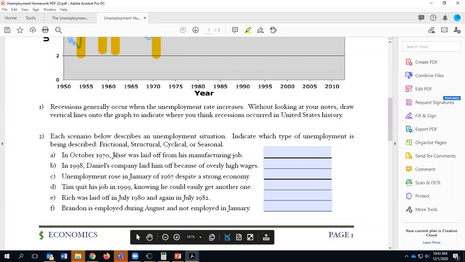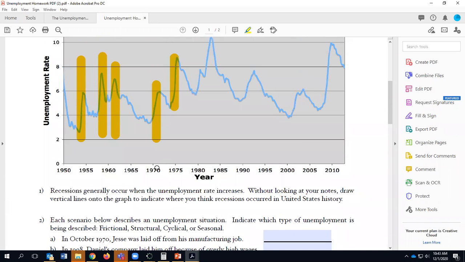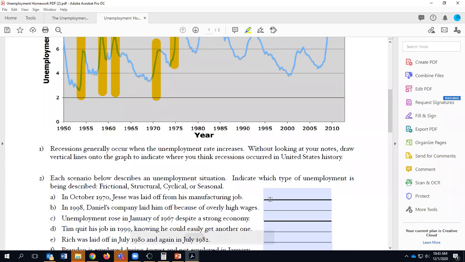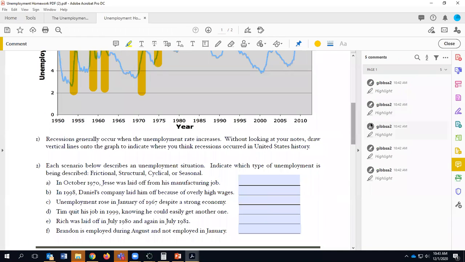So in October 1970, Jesse was laid off from his manufacturing job. So 1970 ends up that it was going up. So what type of unemployment would that be? It's going to be cyclical because the unemployment rate was increasing. 1998, Daniel's company laid him off because of overly high wages.